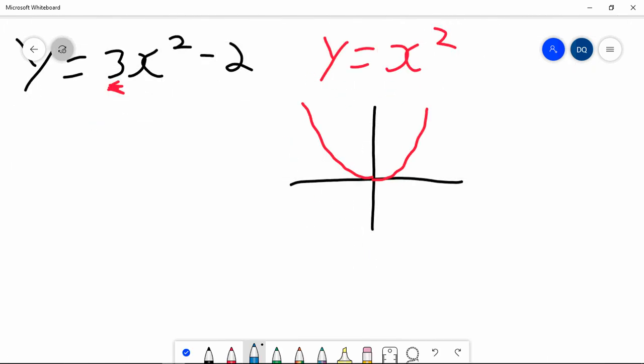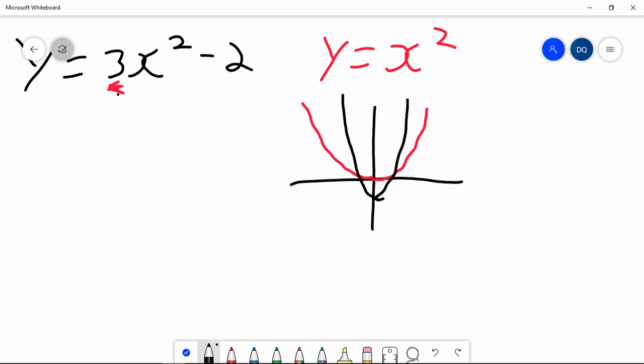So to graph y equals 3x squared minus 2 without a table of values, I'm going to take the origin and shift it down 2 units, which is going to put me here. And then as I make my way up, I'm going to be 3 times as steep because we have a vertical stretch by a factor of 3. So this thing is going to look like this. So rather quickly, I can get this sketch without needing a table of values.